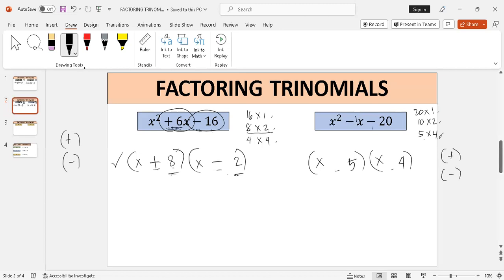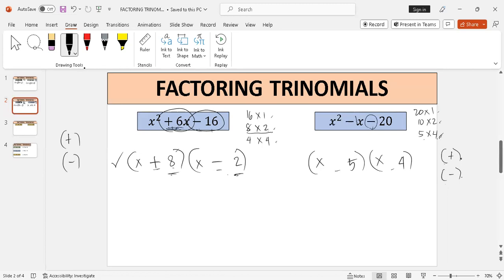Kasi positive times negative is equal to negative. Okay? So again, kapag negative yung last term, ibig sabihin ng isang factor ay positive, ang isang factor naman ay negative. Pero alin dapat dito yung dapat na positive at alin naman yung dapat na negative?